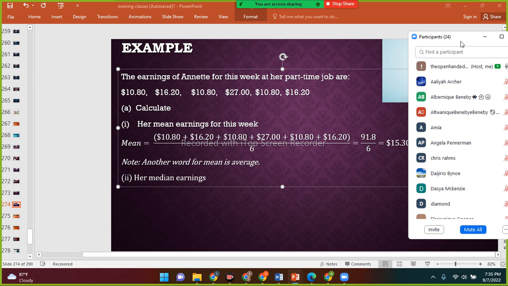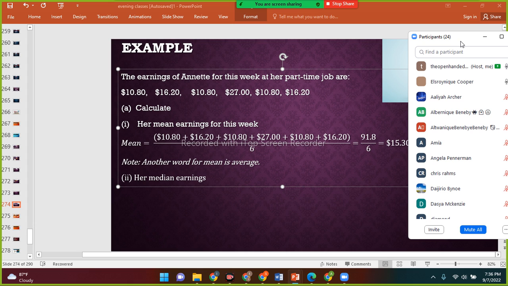But before we figure out what the middle value is, we have to arrange the numbers in least to greatest, in ascending order. Someone said least to greatest. Yeah.